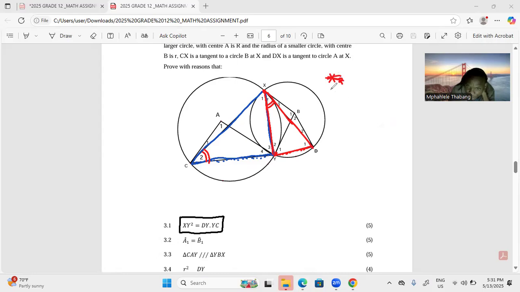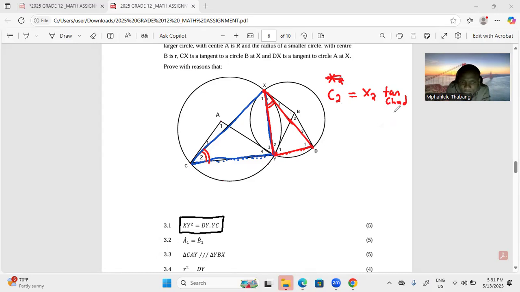Make sure that you see that it is tan chord. So one of the angles in the red triangle equals the angle in the blue triangle. So you just have to check for angles that are equal when you are proving similarity of triangles.